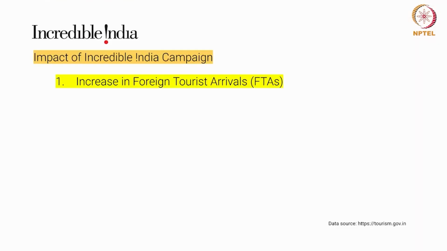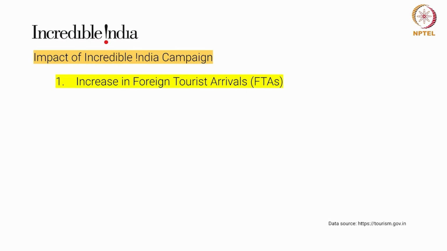So the first thing we will look into is how the Incredible India campaign was launched in 2002, and there was a significant transformation in India's tourism landscape. It enhanced the global image, and it attracted a large number of foreign visitors considering that time.